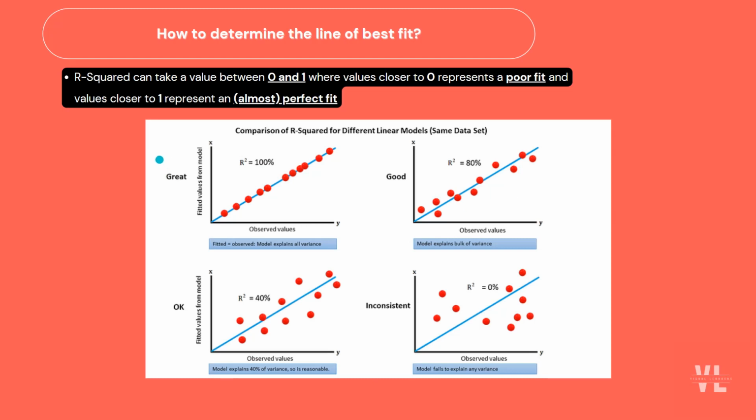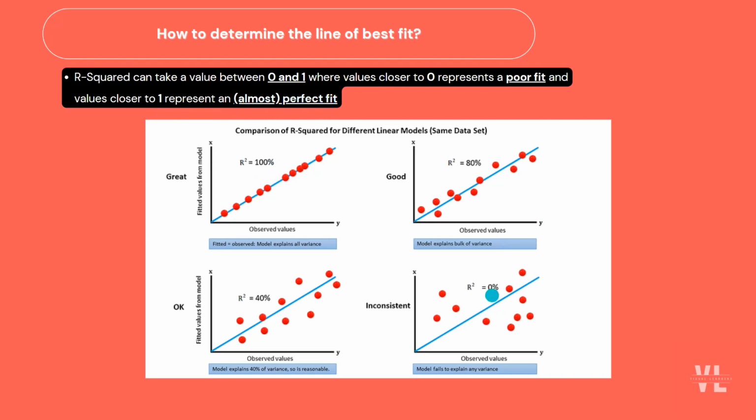So after evaluating the R squared term using the previous formula, let's see what the actual values of R squared represent by using different scenarios. R squared can take a value between 0 and 1, where values closer to 0 represent a poor fit and values closer to 1 represent an almost perfect fit.